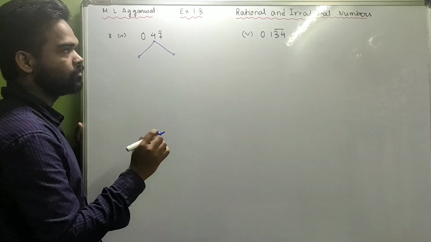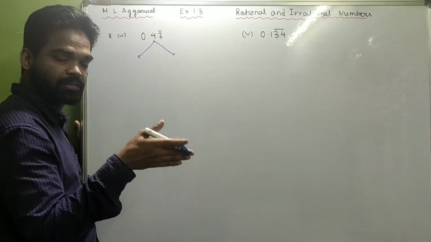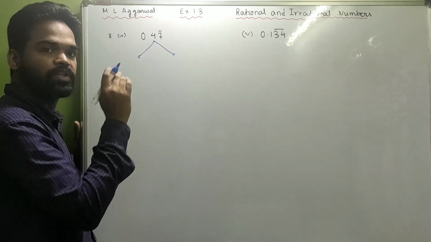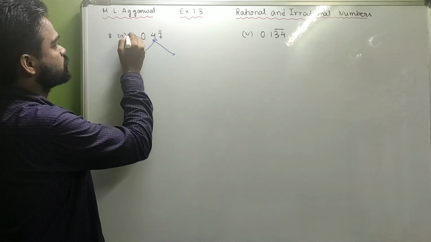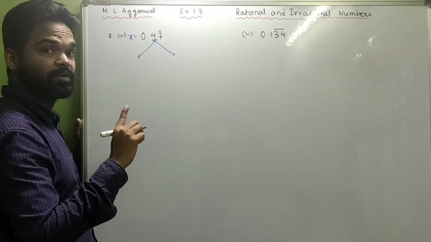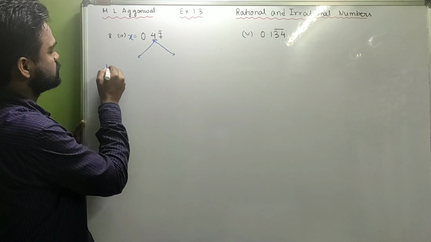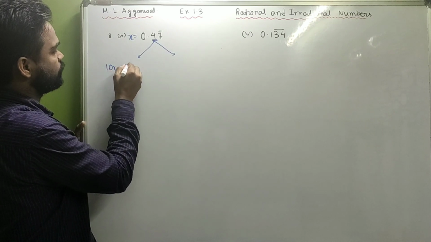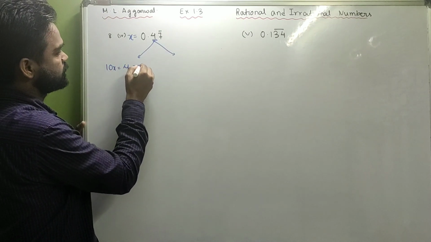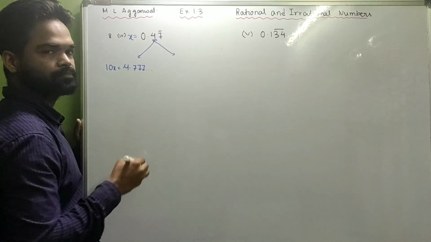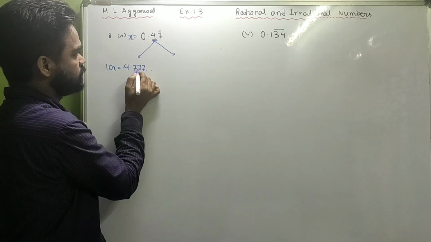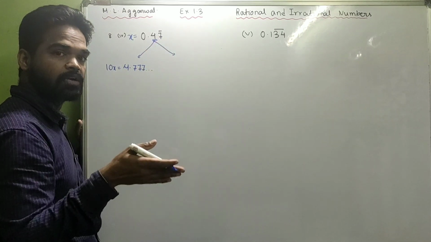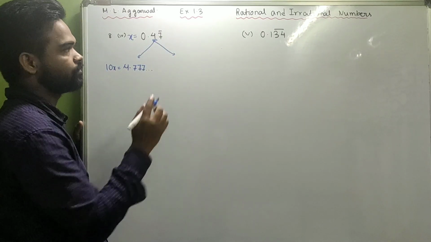First, we'll try to bring the non-repeated part before the decimal. So this part is non-repeated. Suppose this is x. We'll multiply by 10. So 10x equals 4.777 dot dot dot. In the next part, we'll try to bring the repetition part before the decimal.